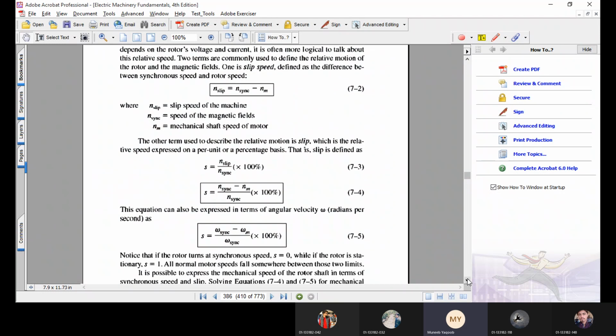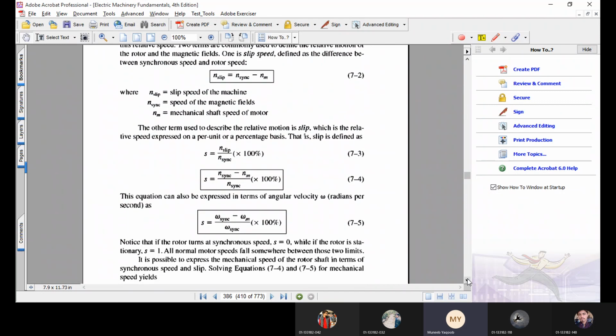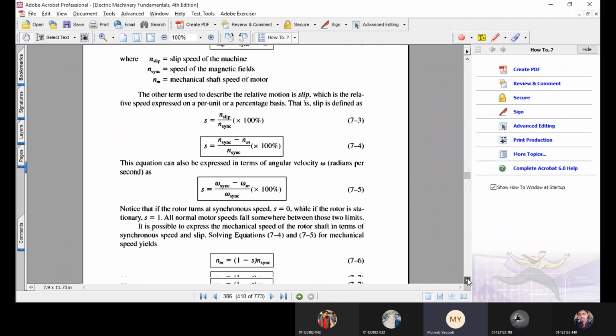So in equation 7.5, what they have given is that if you want to use the angular velocity for the calculation of slip, you can simply replace N with omega synchronous and Nm with omega m, and the formula remains the same.